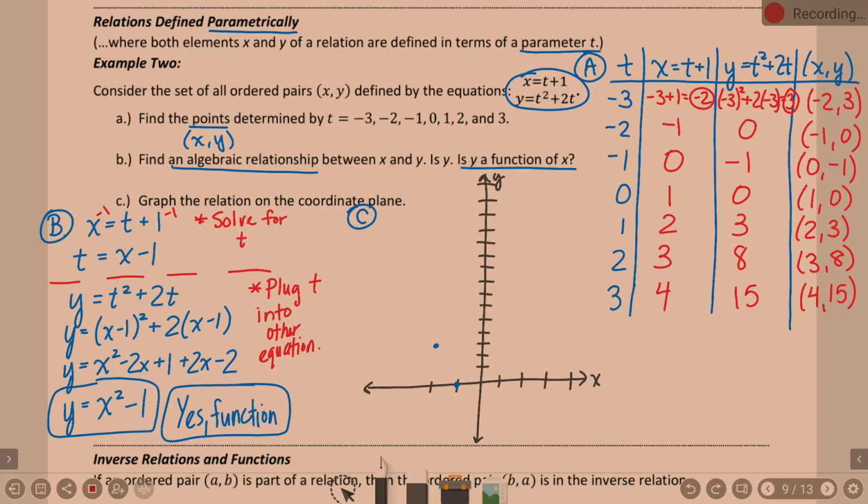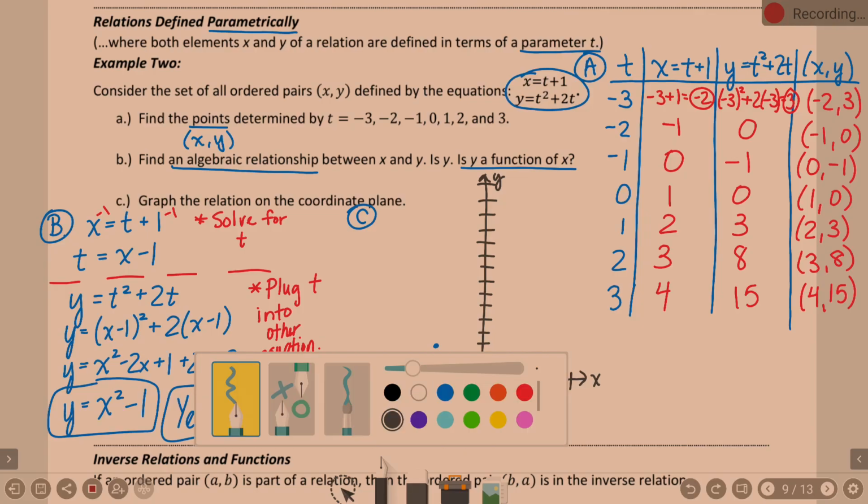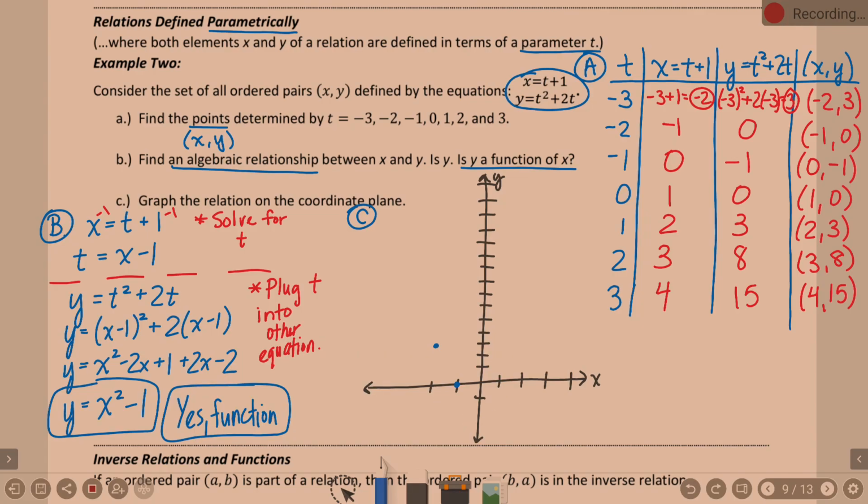When t was -1, we found the ordered pair to be 0, -1. I forgot to go down 1. There we go. When t was 0, we found the ordered pair to be 1, 0. When t was 1, we found 2, 3. When t was 2, we found 3, 8.